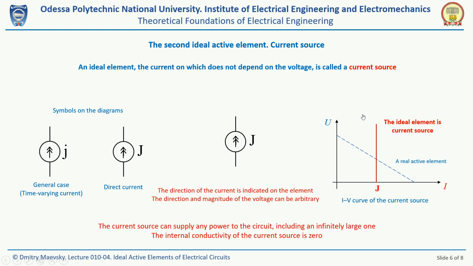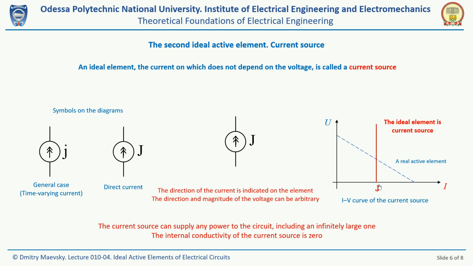As you can see from this figure, the current-voltage characteristic of such a source is a straight line perpendicular to the voltage axis. The current through the current source is constant and doesn't depend on its voltage.